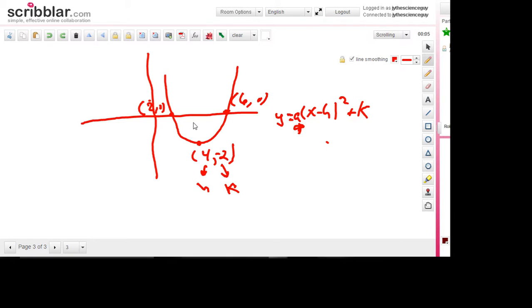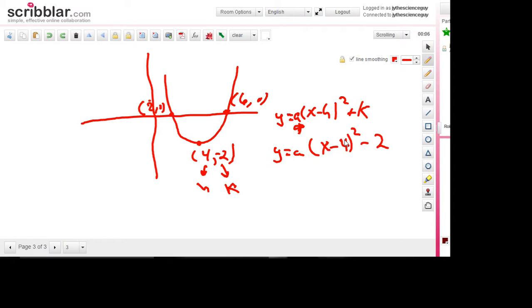So vertex is always h and k in terms of x and y. In general, this would be y is equal to a times x minus, it's always the opposite, 4 squared, and then minus 2 because that stays the same.